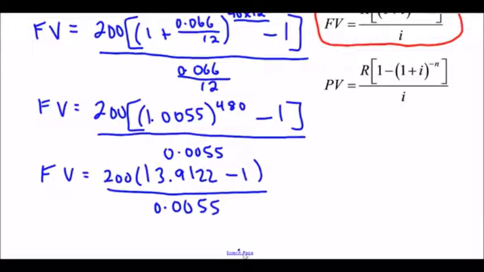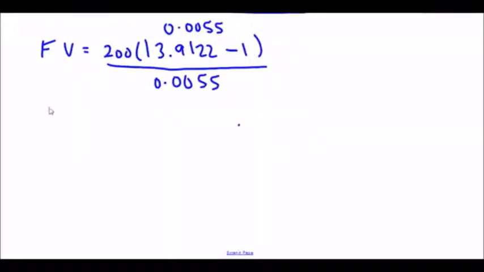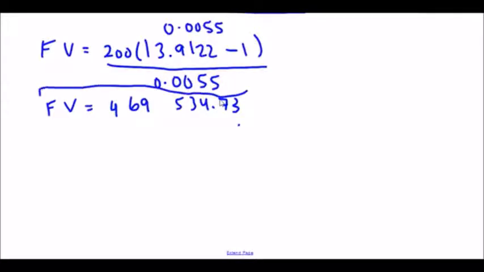I'm going to take 13.9122, subtract 1, multiply by 200, and divide by 0.0055 and discover that this person would have $469,534.73, rounding up ever so slightly because it's not even a penny.